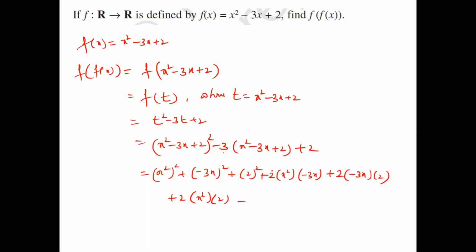Minus this one I have to multiply, minus 3x square, minus into minus plus 9x, minus into plus minus 6, plus 2. Now I have to see x to the power 4. Here for multiplying, plus 9x square plus 4.